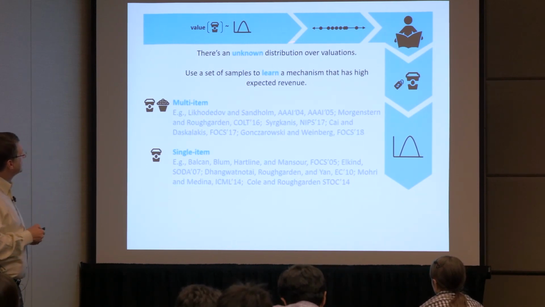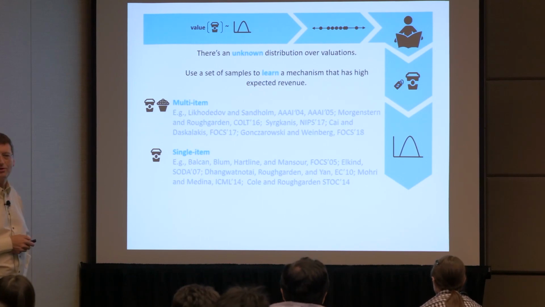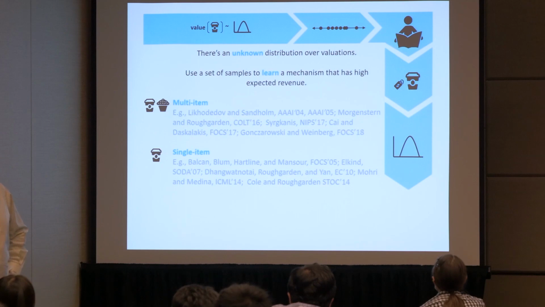There's an unknown distribution over valuations, and we use a set of samples drawn from that distribution to learn a mechanism that has high expected revenue. You could say learn or optimize, whatever you like. And there's been a lot of work down that stream in the multi-item setting as well as the single agent setting.